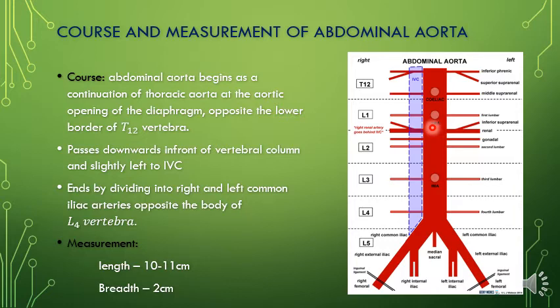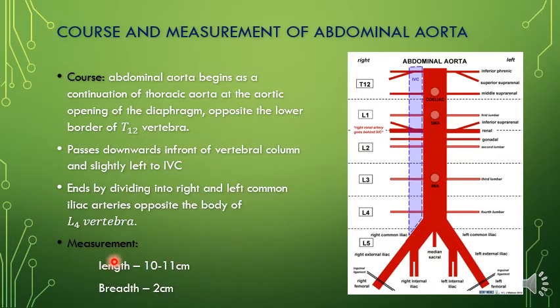And here it ends by dividing into right and left common iliac arteries opposite the body of L4. This is the L4 here. Also you observe here it is not exactly in the midline, the aortic bifurcation is slightly towards the left side of the midline, right.